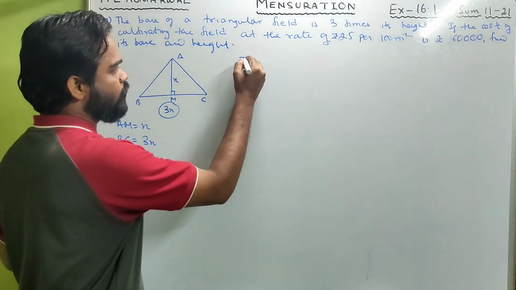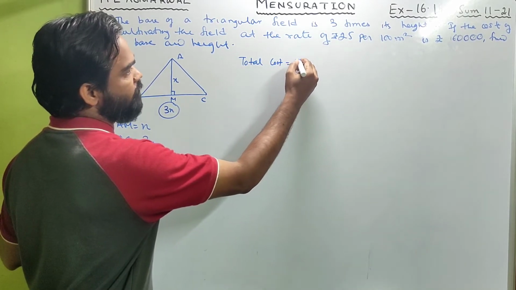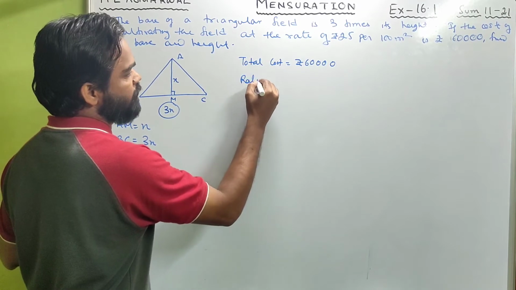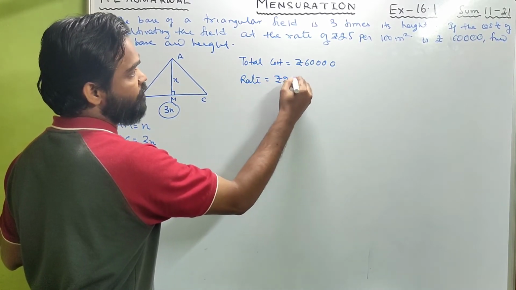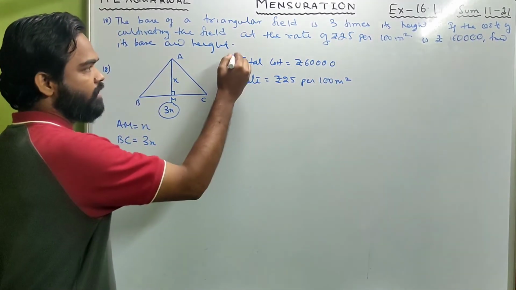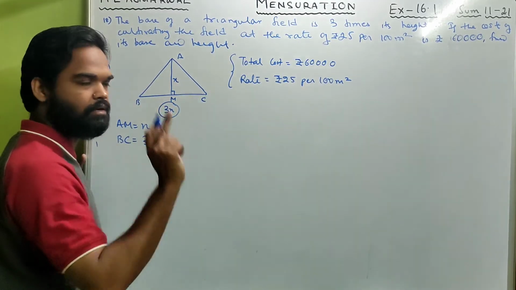See, the total cost of cultivating is given as rupees 60,000, be careful. And the rate is given as rupees 25 per 100 meters square. So by this information, we can get the area of the field. How?